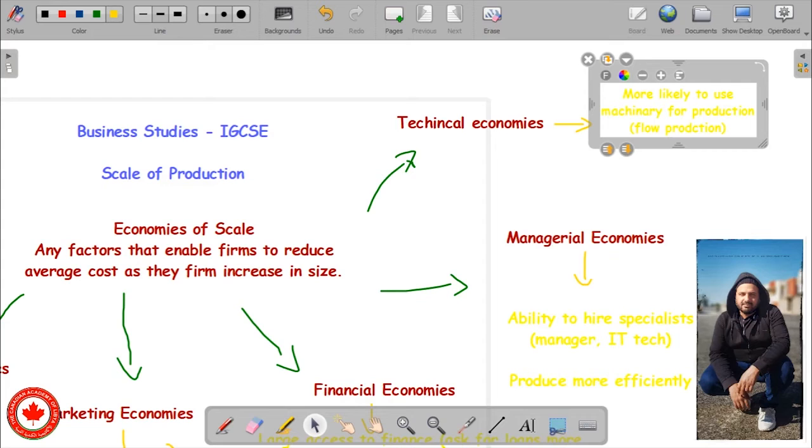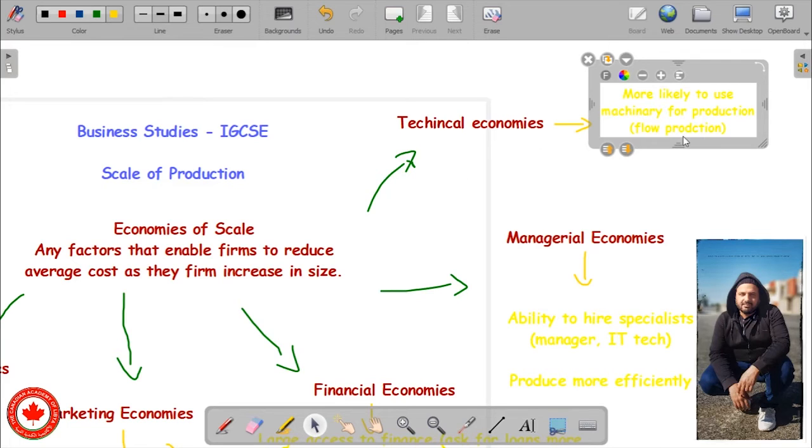Most of the time, when large companies use this, they will be able to reduce the cost. These machines are expensive at the beginning, but as the production process proceeds, they will gain a decrease in the average cost of each unit. Small companies cannot do that, guys, because they cannot afford to buy these expensive machines.